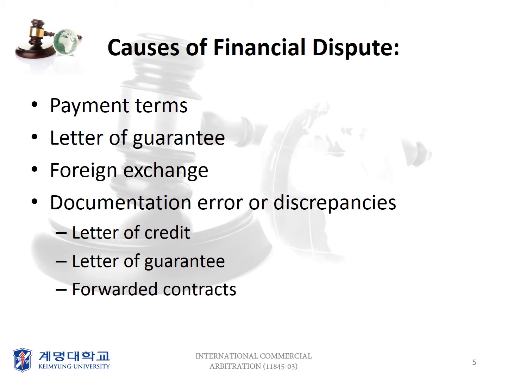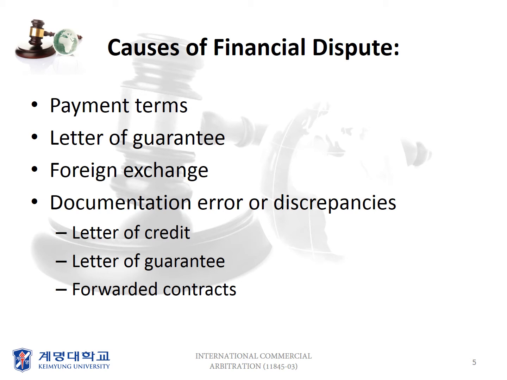It's not acceptable or they fail to present a letter of guarantee. Third is foreign exchange. The value of the dollar is different from the value of the yuan or won, and of course it will reflect in the financial statement of the organization.